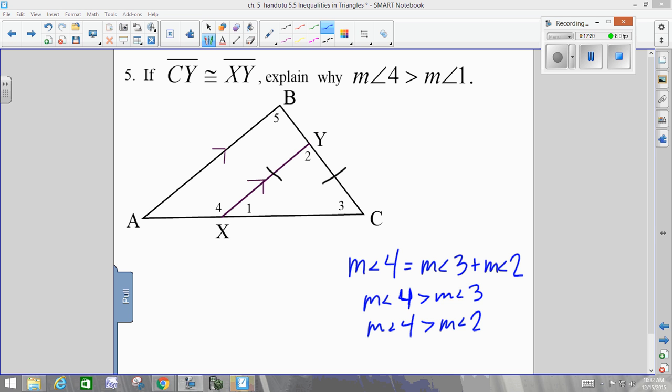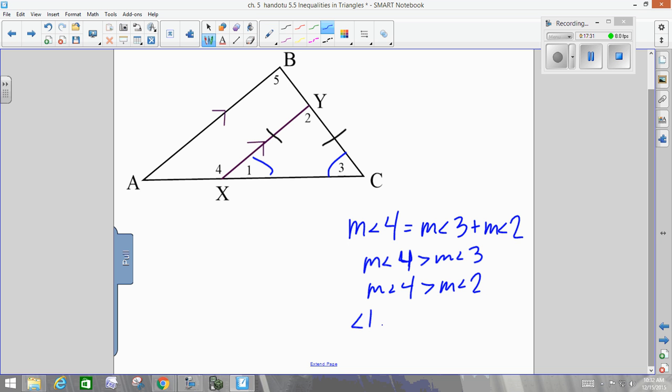Did you hear him? So since these two sides are congruent, which two angles have to be equal? Good, 1 and 3. And therefore, since 4 is greater than 3, and 3 is congruent to 1, we can say that the measure of 4 is greater than the measure of angle 1.